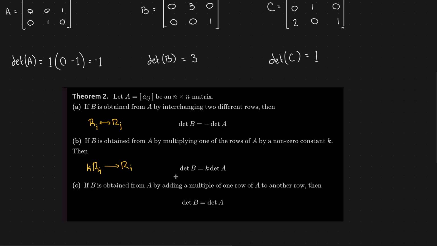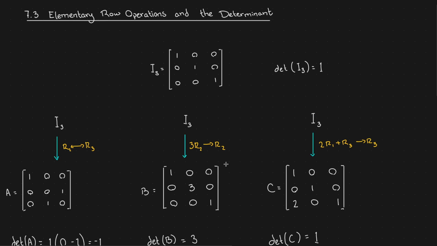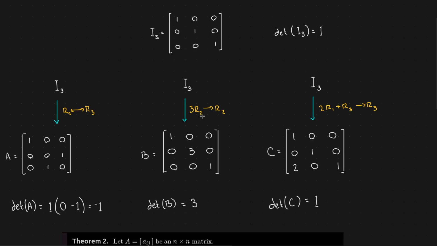Then the new determinant is the constant times the old determinant. Again, that's what we saw here. Our original determinant was 1. We took row 2 and multiplied it by a non-zero constant, 3. And so the determinant of the resulting matrix was 3, which is 3 times the determinant of our original matrix.